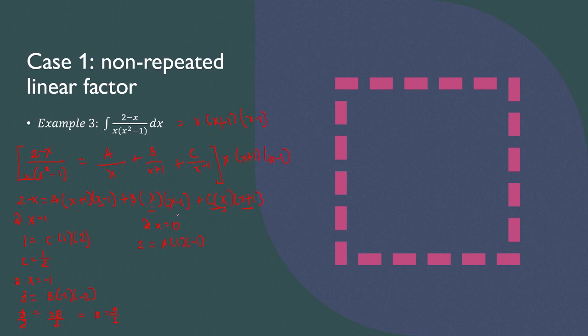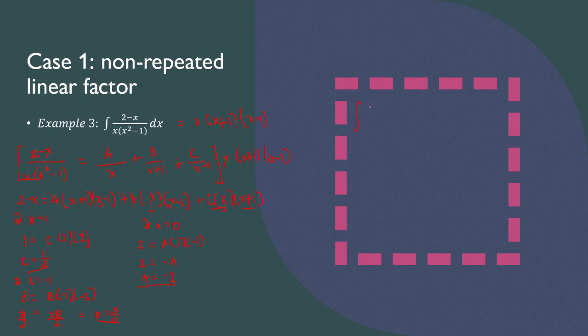Again, 0 times any number is 0, so b and c are eliminated. Therefore, 2 is equal to negative a, or a is equal to negative 2. So we have a, b, and c. Therefore, we can now substitute the values.